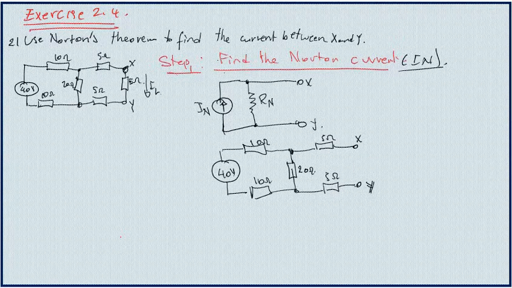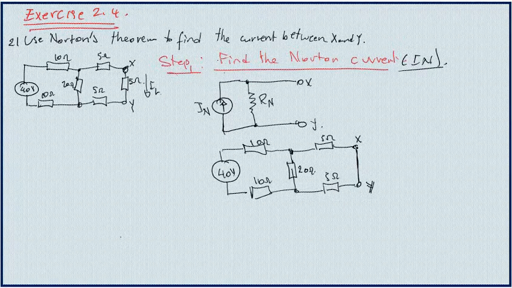I need to remove my load resistor, and then I replace it by a conductor. So in other words, I need to short circuit the load. So that's the first step.